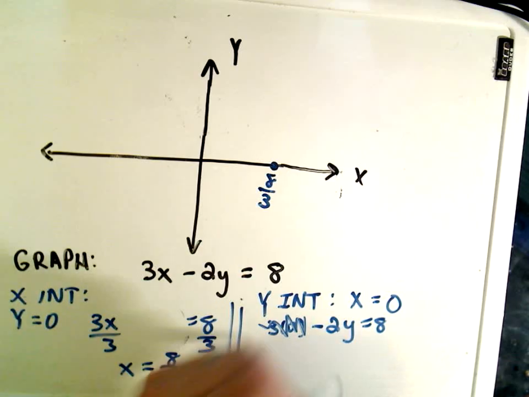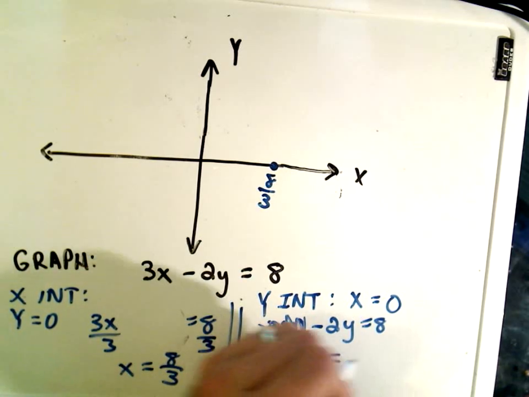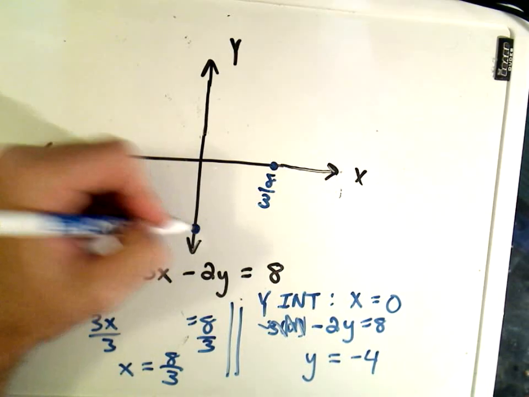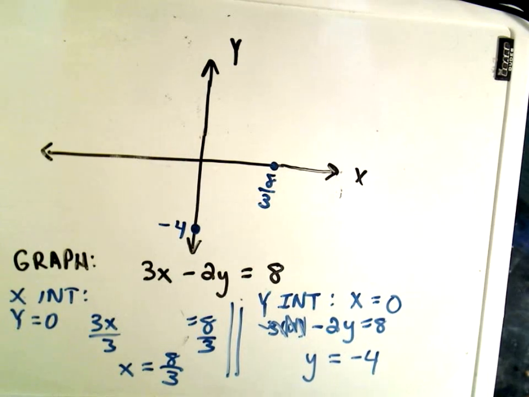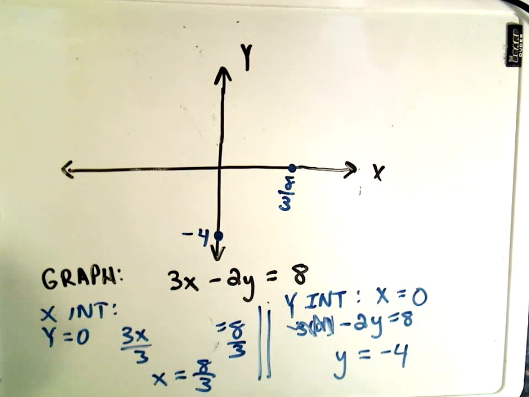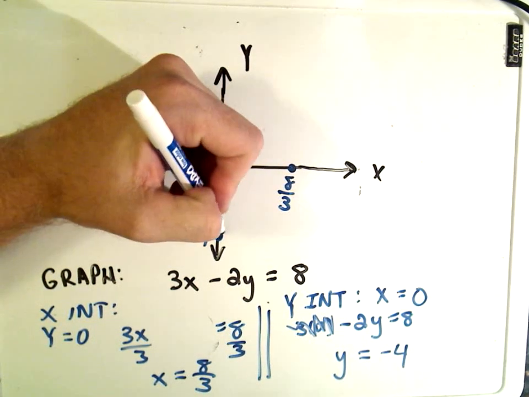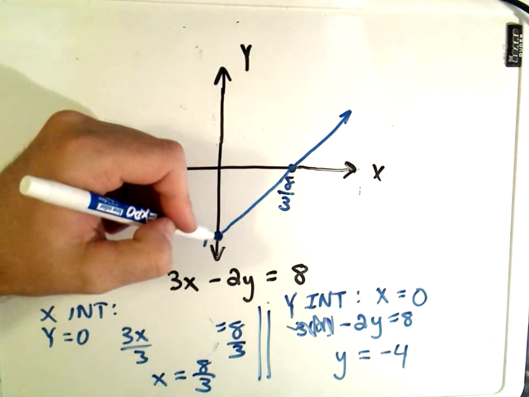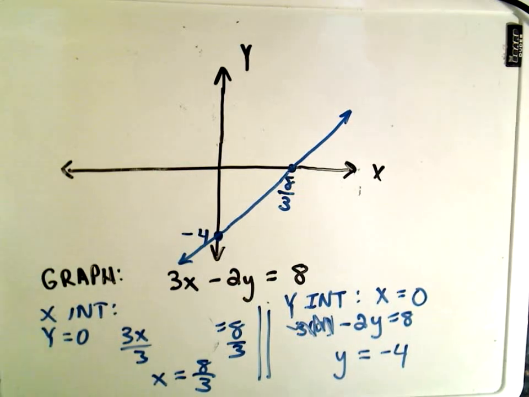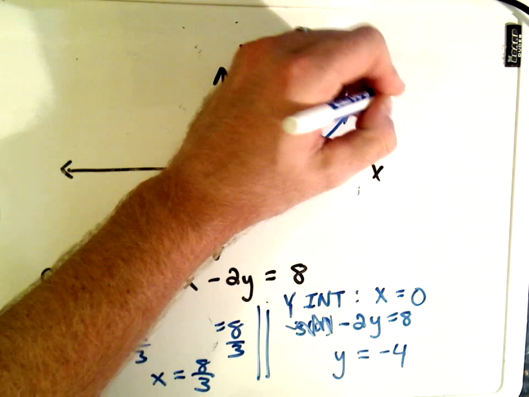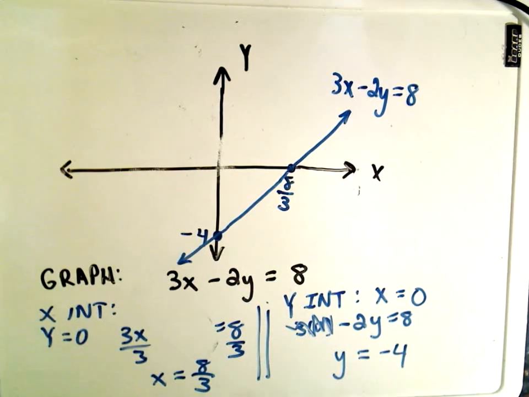Divide both sides by -2, and we get a y value of -4. Again, 2 points is enough to determine the graph of a linear function. We just play connect the dots, and there's the graph of 3x minus 2y equals 8.